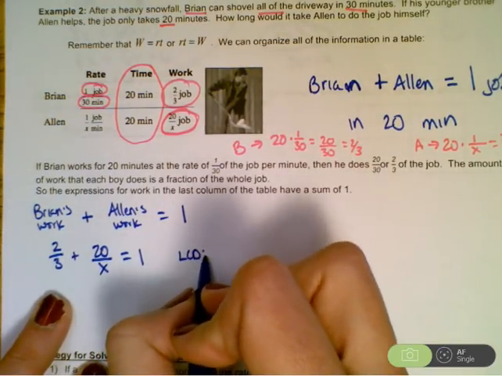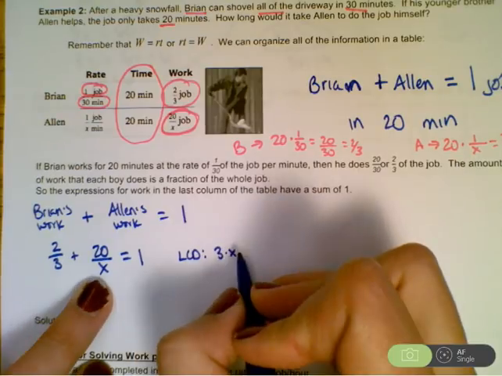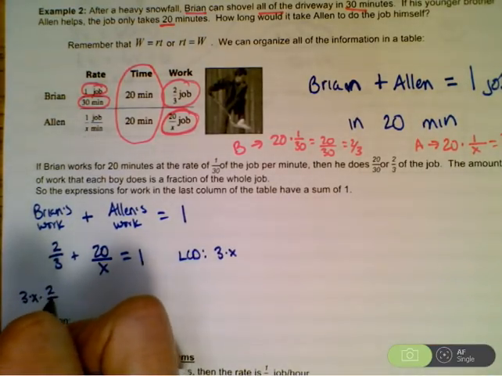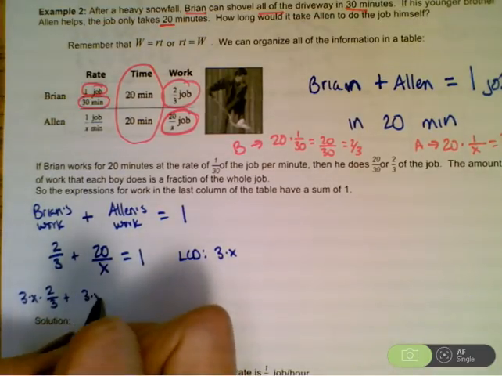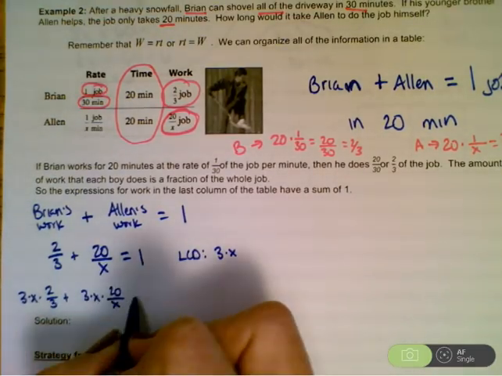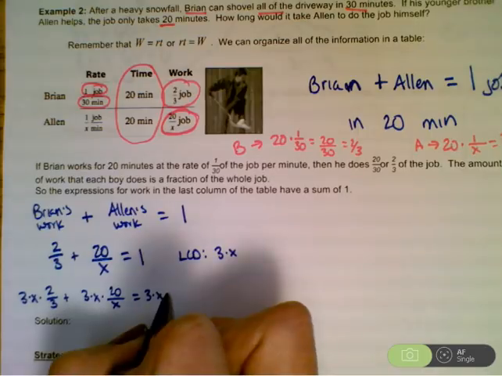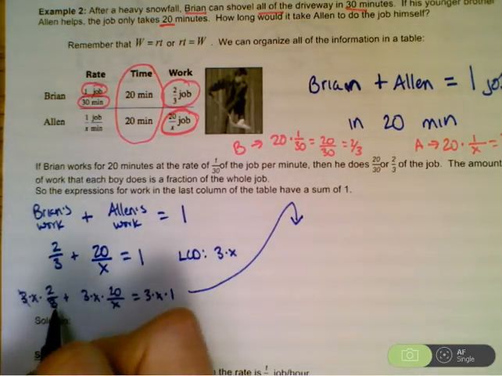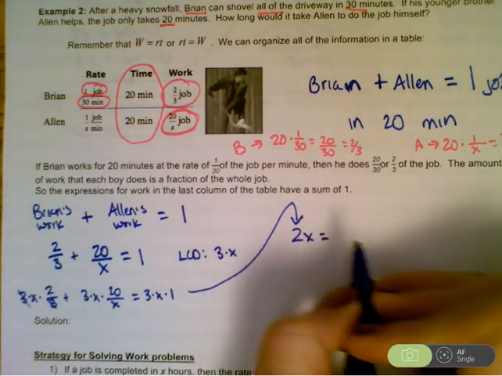We find the LCD, which would just be 3 times X here, because those are our two denominators. So I do 3 times X times 2 over 3 plus 3 times X times 20 over X equals 3 times X times 1. The 3's cancel: 2x.